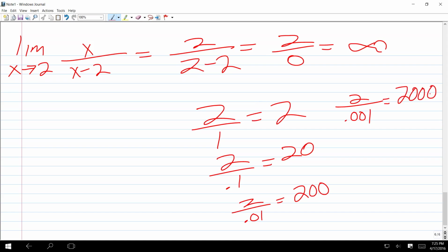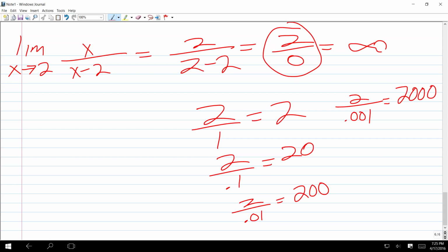As the denominator gets closer to 0 and the numerator stays the same, the result gets bigger and bigger, such that as the denominator goes to 0, the whole thing goes to infinity. So these are actually easy problems.